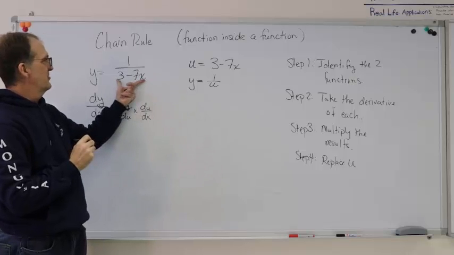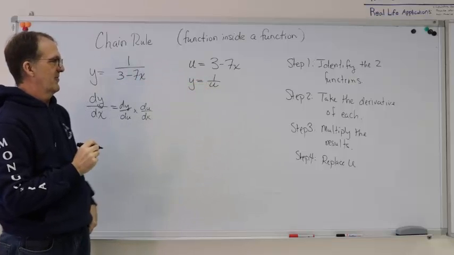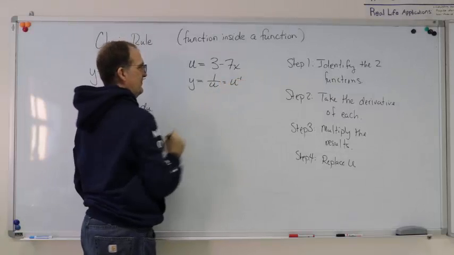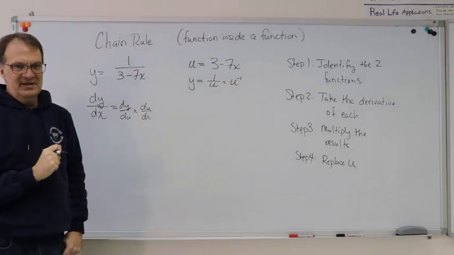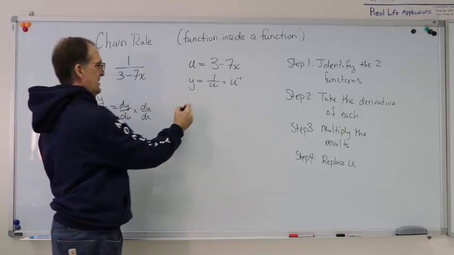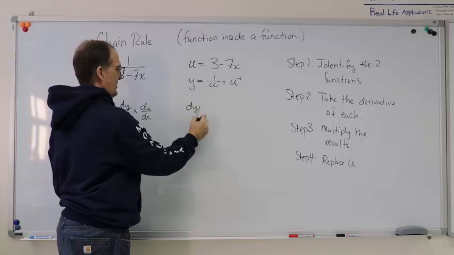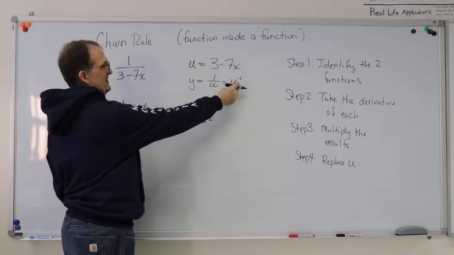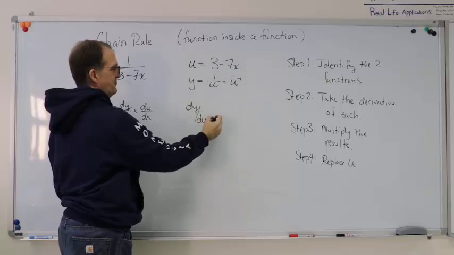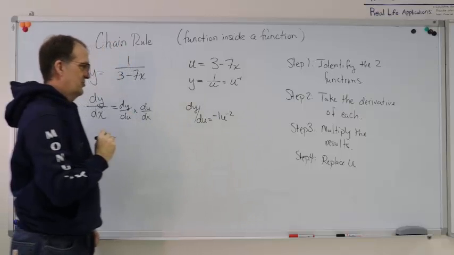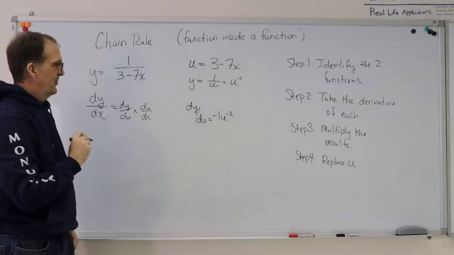Because we're calling this u, our new y function is 1 over u, which we're going to call u to the negative 1. And now the derivative of u to the negative 1 is negative 1 u to the negative 2.